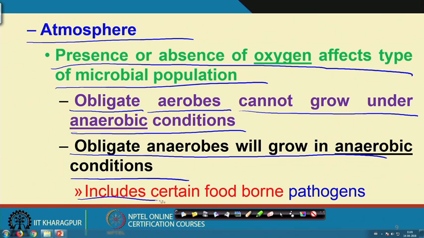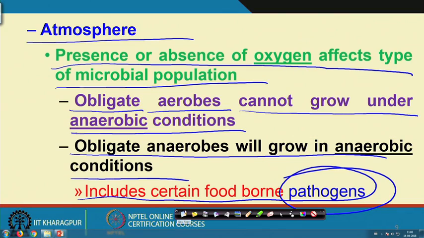This includes certain food-borne pathogens, right. Some of them could be under aerobic conditions, some of them could be under anaerobic conditions, depending on what you are handling or what you are referring to.